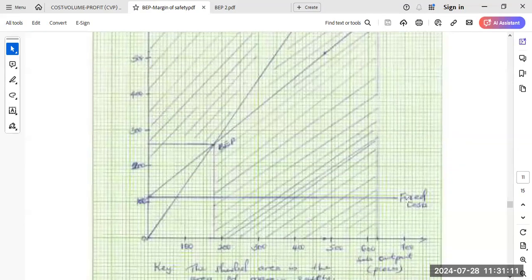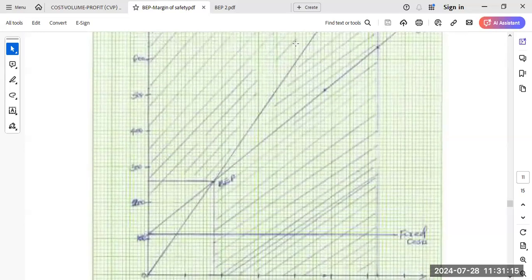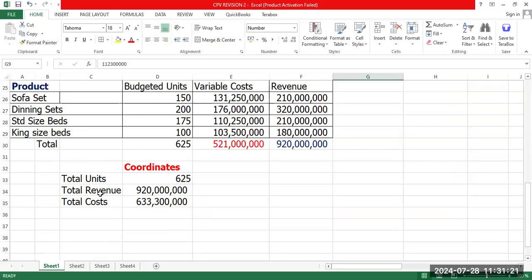Once you're done with this, go and handle the total revenue based on your budgeted information. What is total revenue? The total revenue is this one, which is approximately 920, because you're putting your figures in millions. So on your vertical axis, you're looking for just 920, and you put a dot.